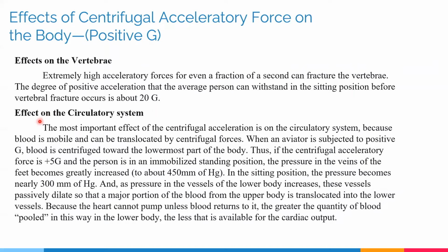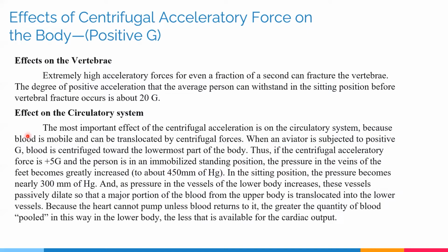Next, we look into the effect on the circulatory system. The most important effect of centrifugal acceleration is on the circulatory system, because blood is mobile and can be translocated by the centrifugal forces. When an aviator is subjected to positive G, blood is centrifuged towards the lowermost part of the body.